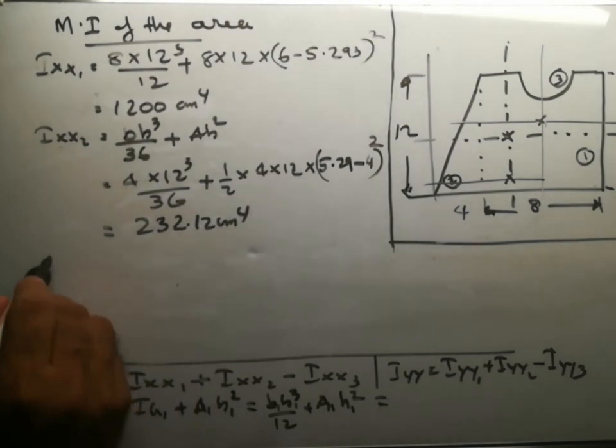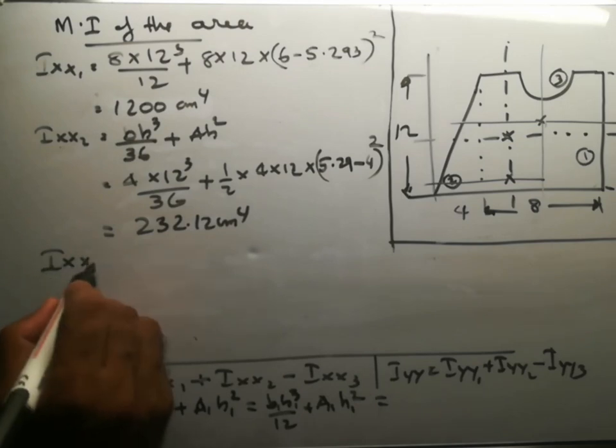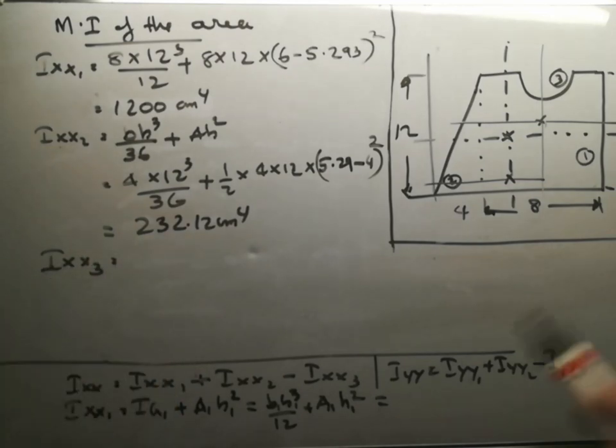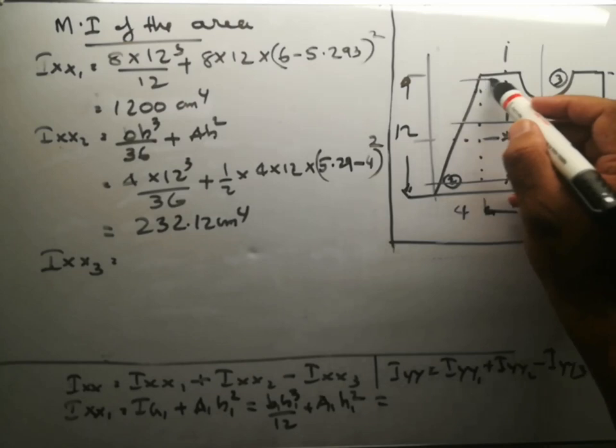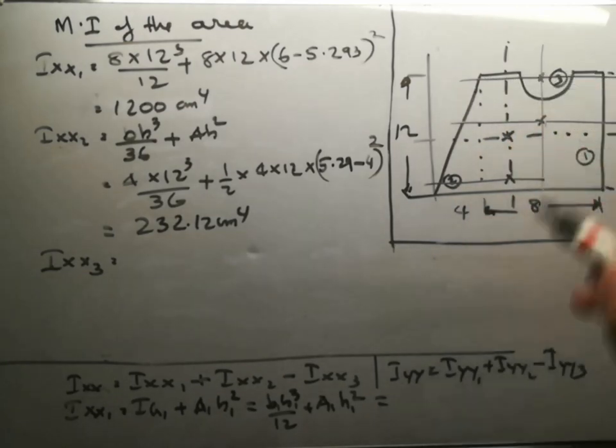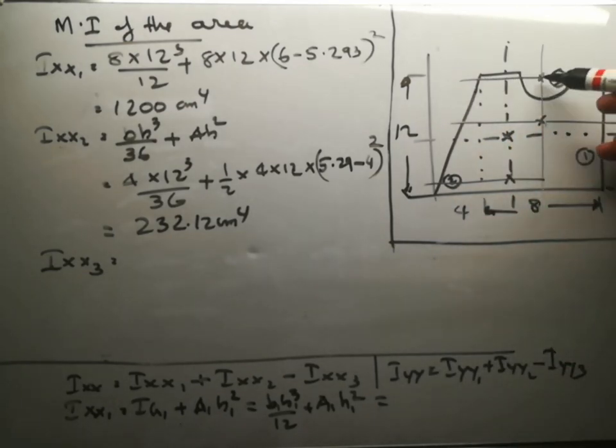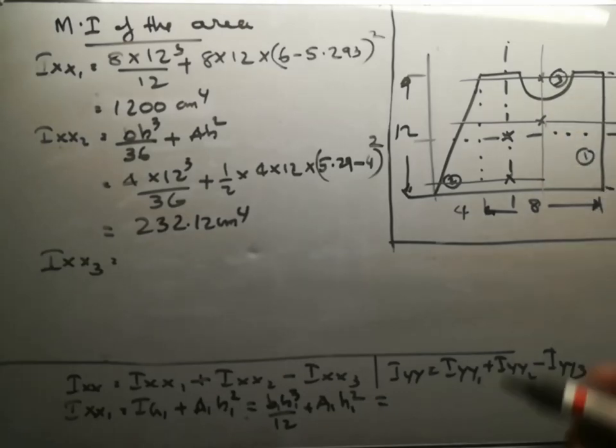Next we need to find out Ixx3. That is the moment of inertia of this portion, which is to be subtracted later, about the centroidal horizontal axis. How to find it out? Its centroid will be somewhere here, and this will be h as in the parallel axis theorem.